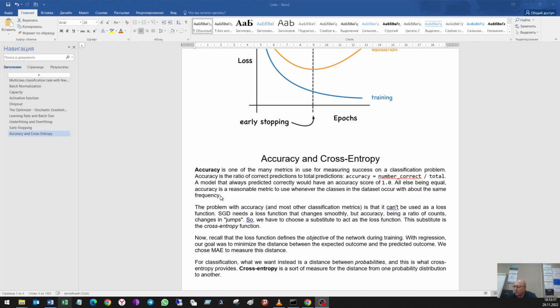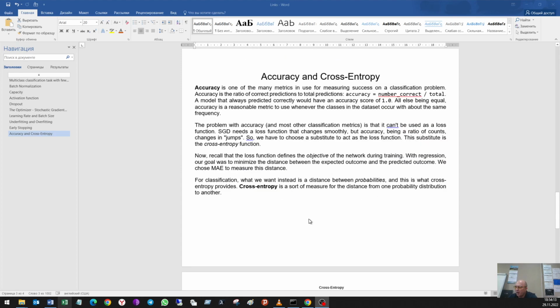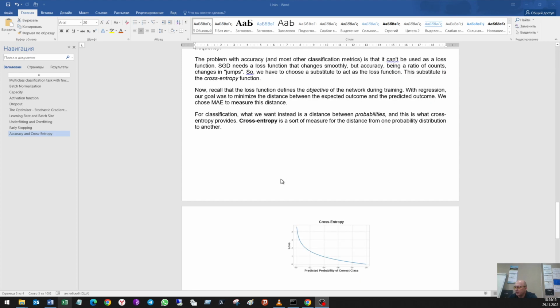Now I recall that the loss function defines the objective of the network during training. With a regression, our goal was to minimize the distance between the expected outcome and the predicted outcome. We chose MAE to measure the distance.